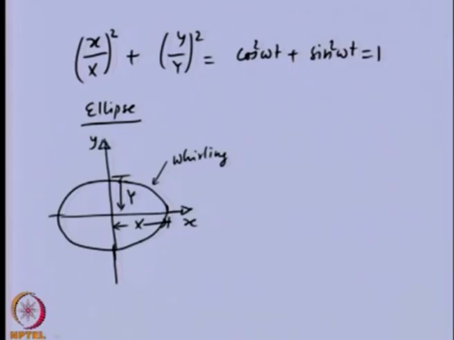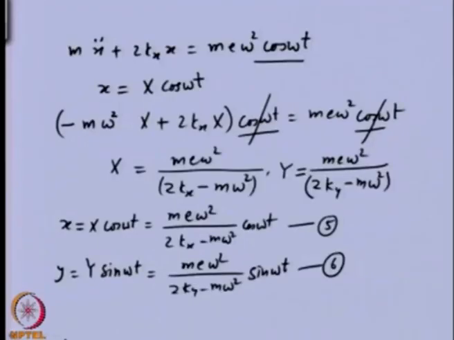So, this ellipse is not inclined because we have taken the spring system simple for this particular case. We will look into this orbit in more detail. Let us first see the critical speed of the rotor.